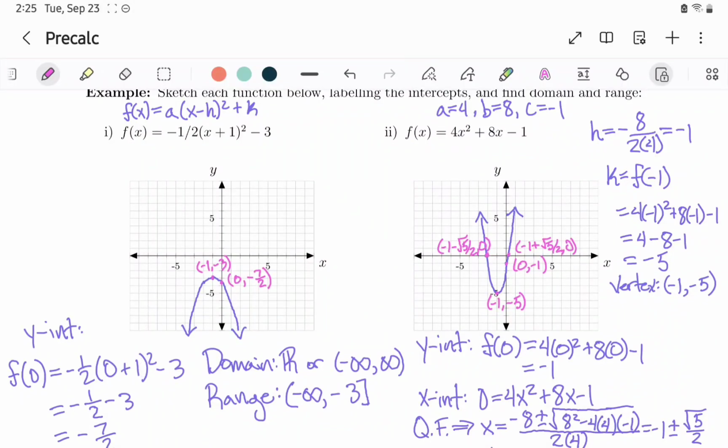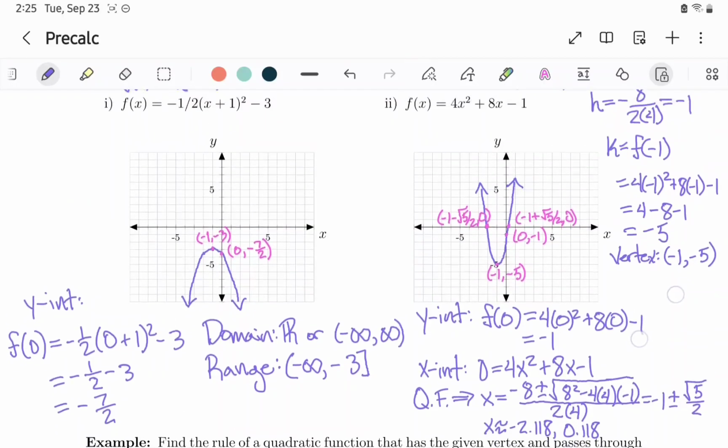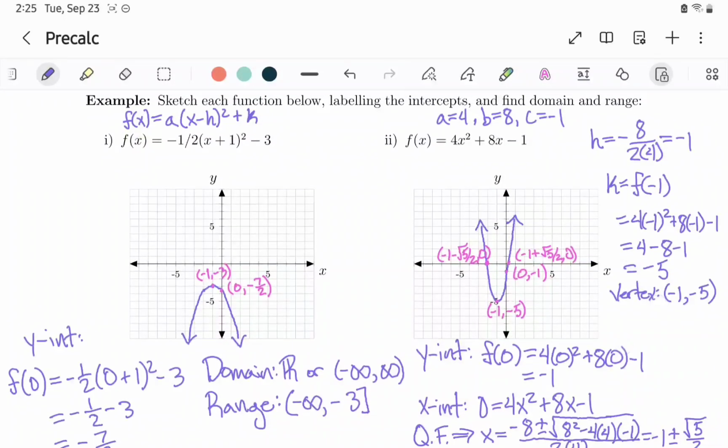And let's try to squeeze in the domain, trying to find a spot to put that. So I'm just going to say D is going to be all real numbers once again, so minus infinity to infinity.